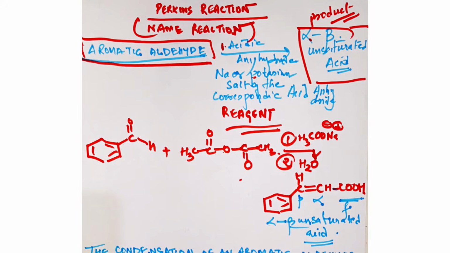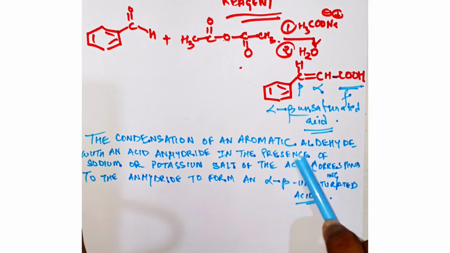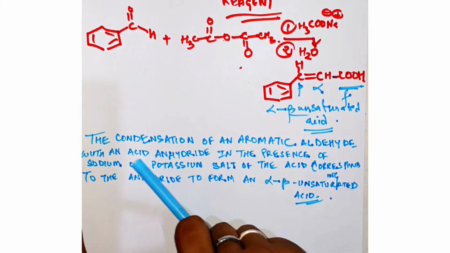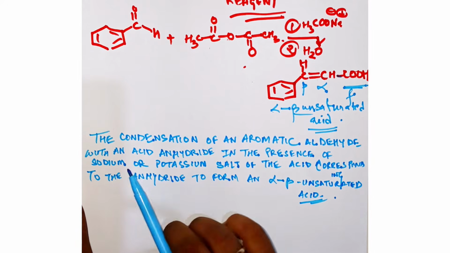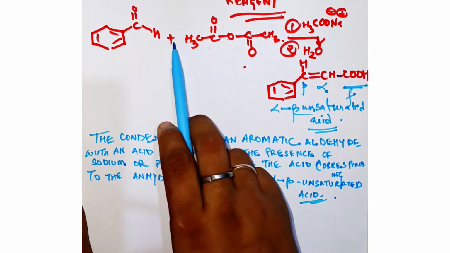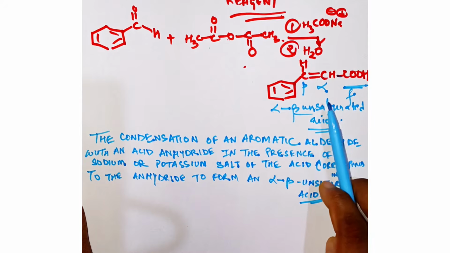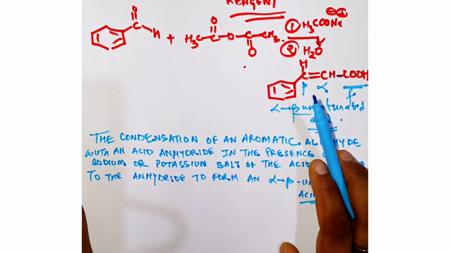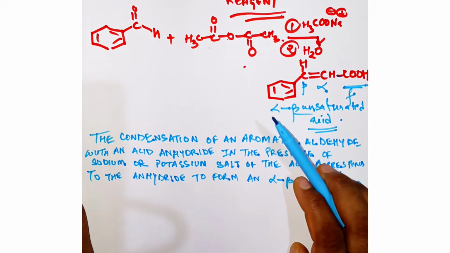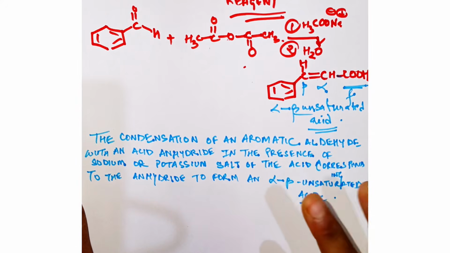Here I have written the definition: the condensation of an aromatic aldehyde with acetic anhydride. The word condensation means that two molecules attach to each other and form some other condensed form. There is always a removal of a water molecule and formation of double or triple bonds in a condensation reaction.